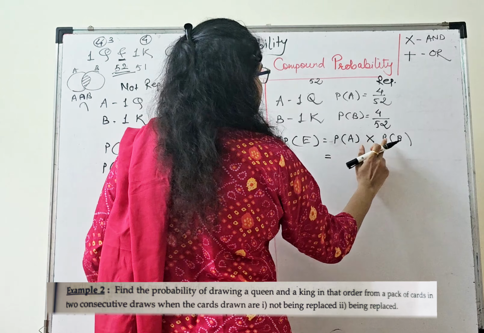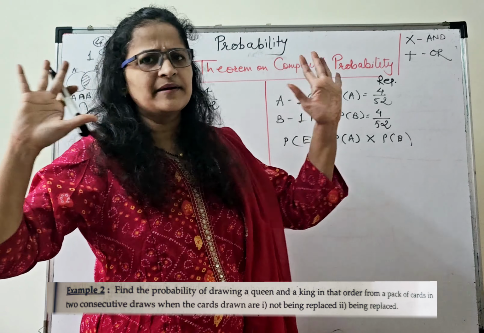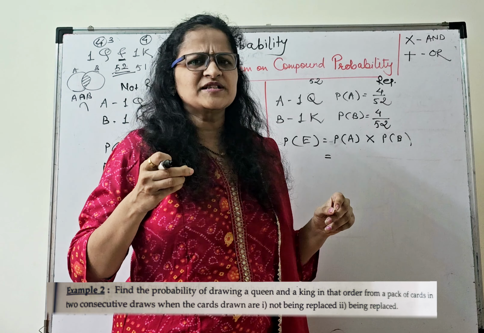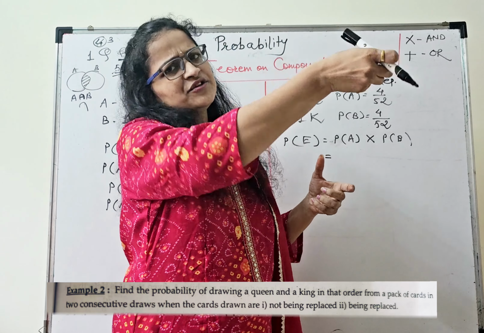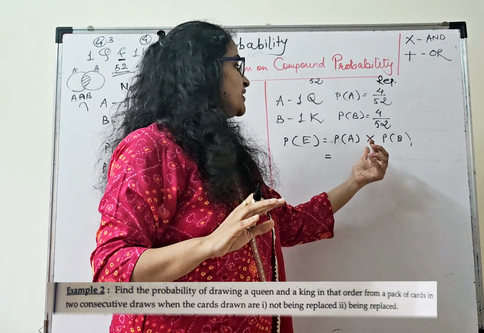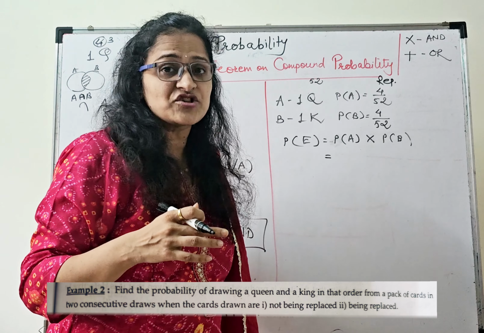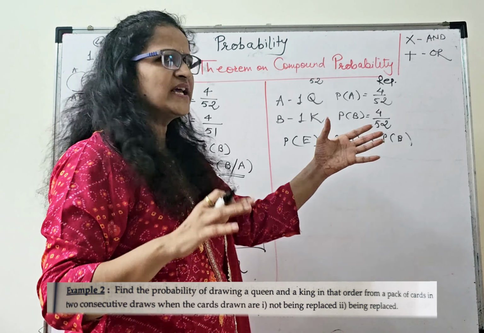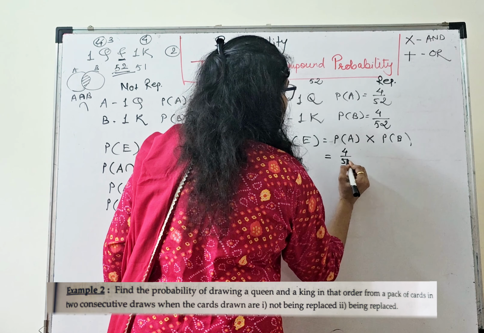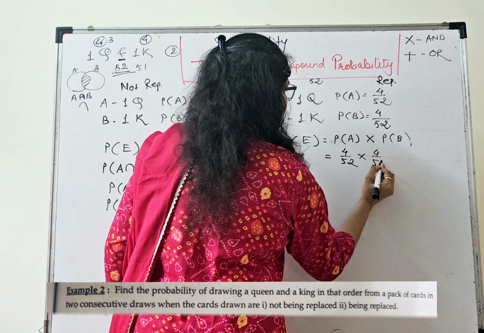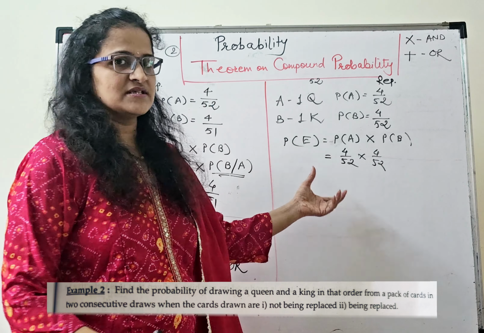So this indicates that these two are independent events, right? Whichever happens first, even if you draw king first and then queen, it is not going to change your result, because of the independent events. Okay, let's put the values quickly. So both are 4 by 52 into 4 by 52, and that's your answer to this question.